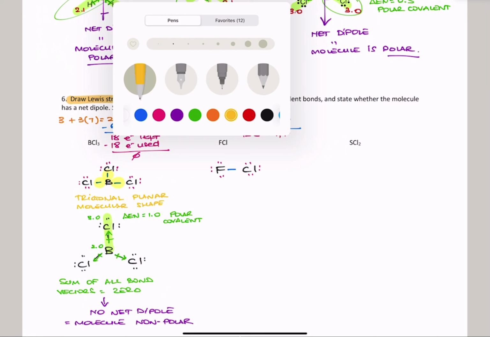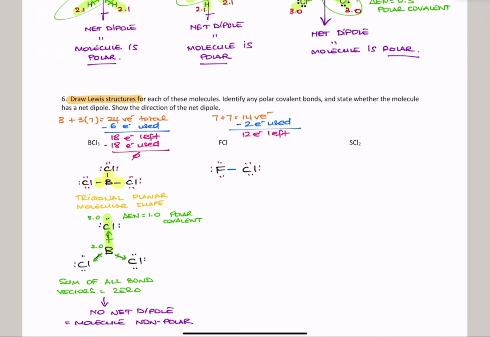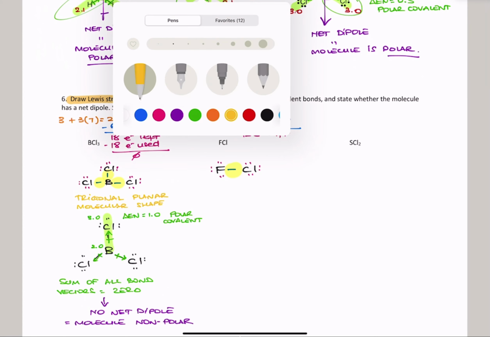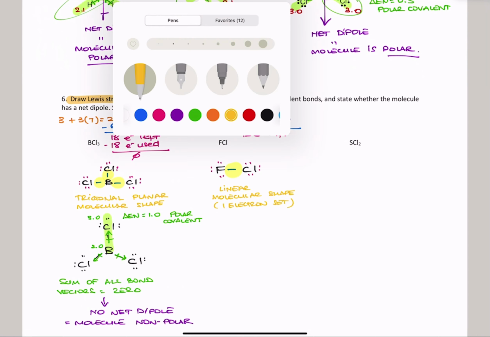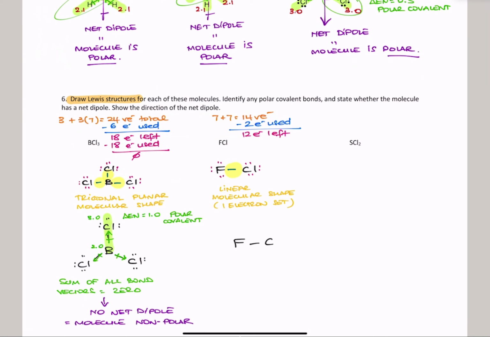Take a look at the fact that I only have one bond, so the shape of this molecule can only be linear. Since I only have one bond, one electron set, it can only be linear. Once we have this, here is our molecule being linear.